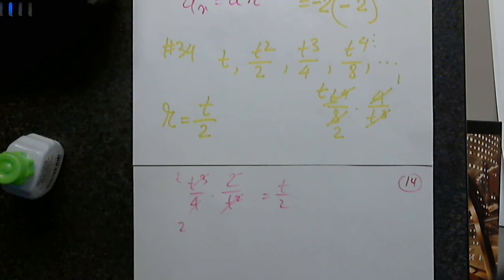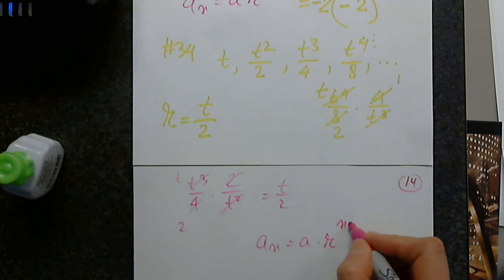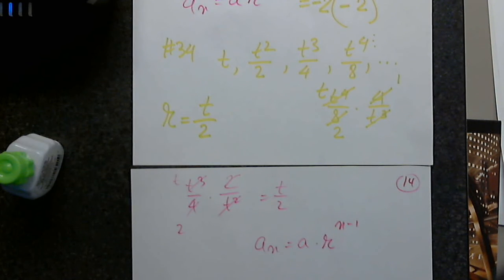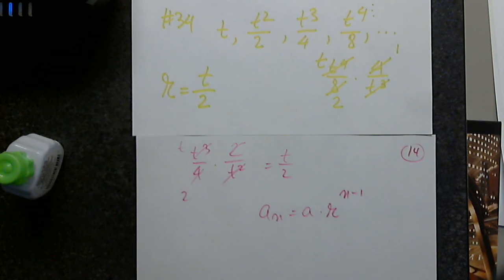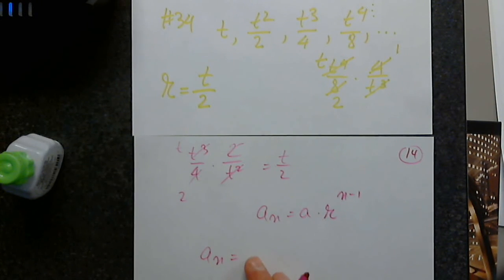Okay, so a sub n is a multiplied by r raised to n minus 1. So we know this is geometric. One more time, we are asked to present the nth term and then find the 5th term. So a sub n has the first term a, and it has t over 2 raised to n minus 1.